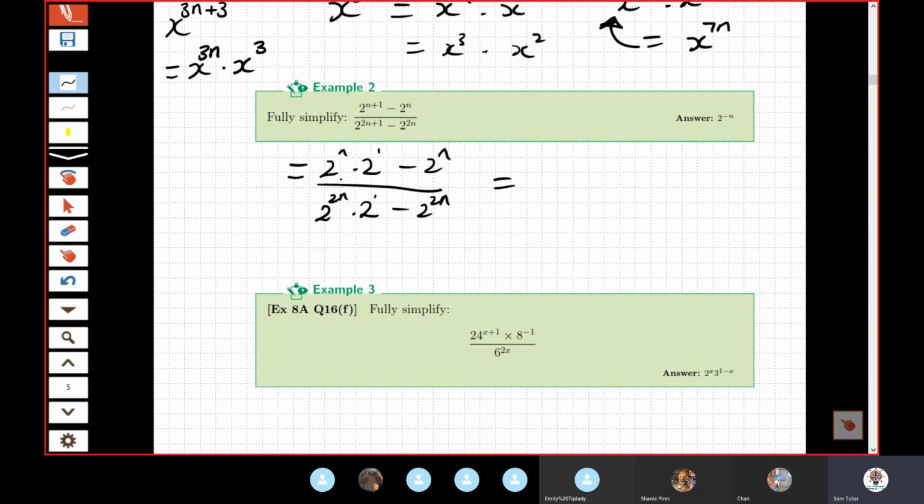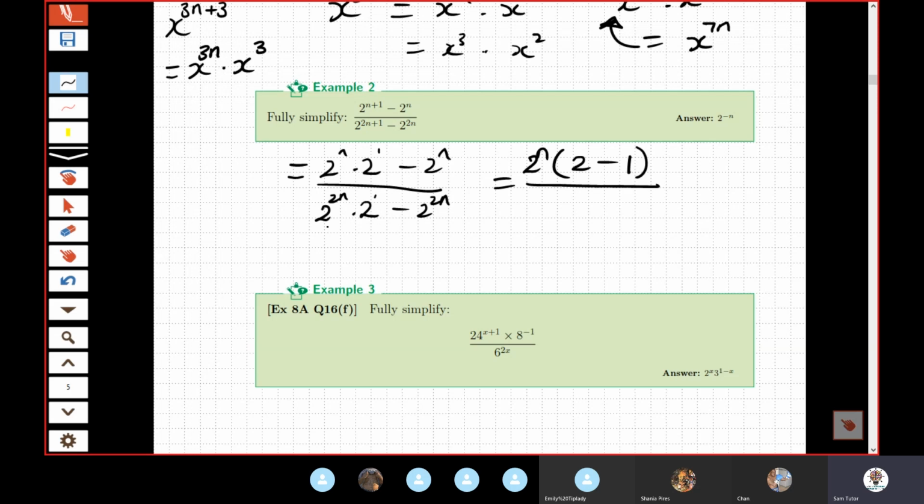Brilliant. Okay, and then I've got this, and I've got the top and I've got the bottom now, and I'm looking at it and I'm like, well, there's a common 2 to the n, so I'm going to factorize that out, and then you're left with 2 minus 1. 2 minus 1. Again, think of the expansion of this. It'll give you 2 minus, and then there's nothing there, so you've got to write 1 over.